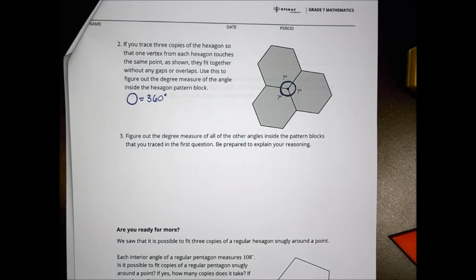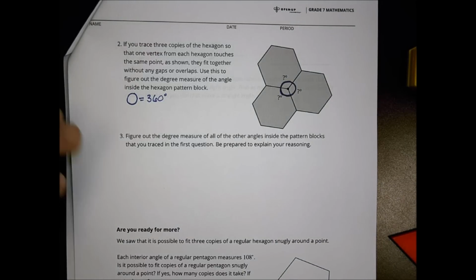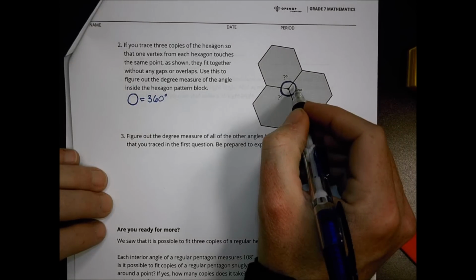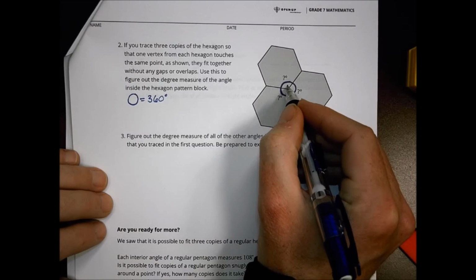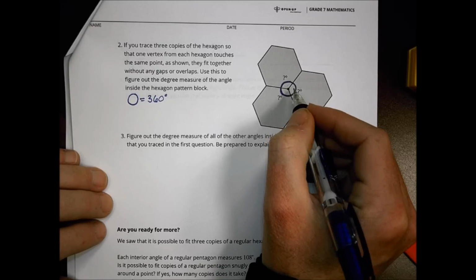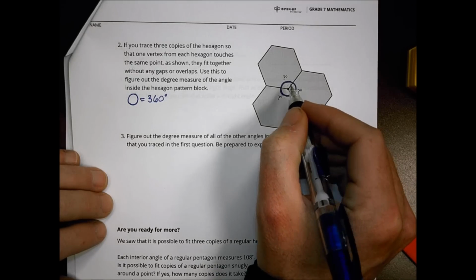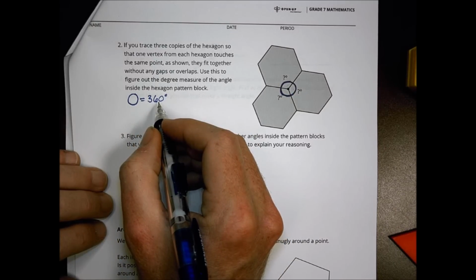Just the way the circle works, right? So when we take a look at this picture, we can see that all 3 of these angles, when you put them all together, are going to have a sum of 360.